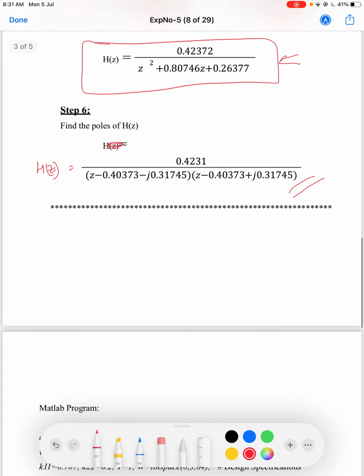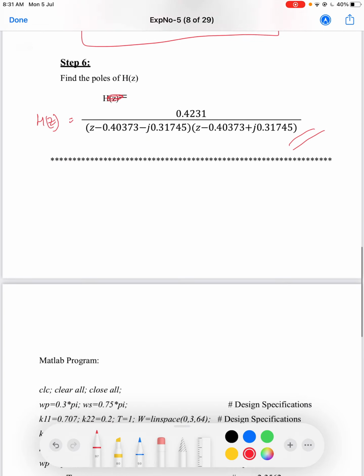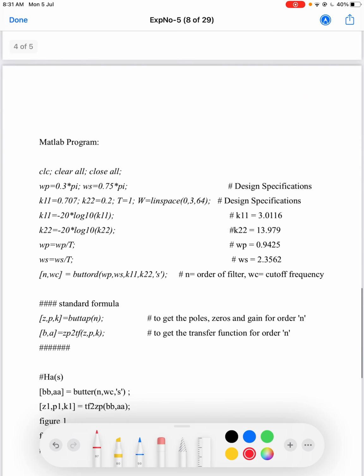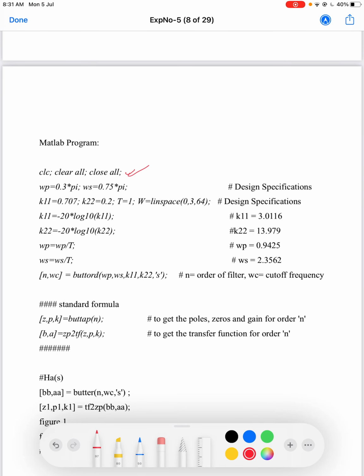Now in Matlab, how you enter it is similar: clear. I think by now you know what all of this is about. This is omega p, omega s, k1, k2. This is k1, you have to change it into dB form, so you have to multiply it by 20 log.